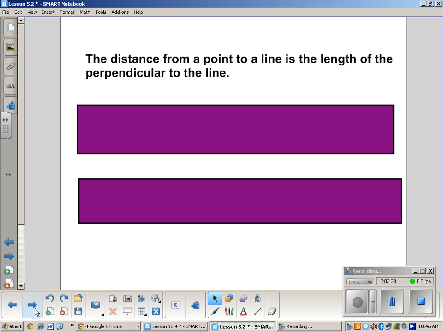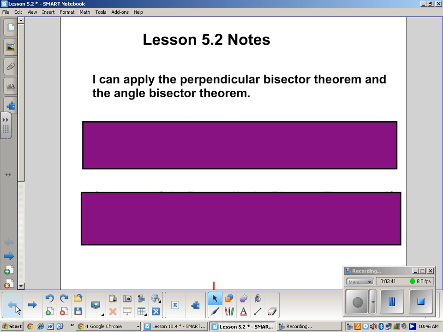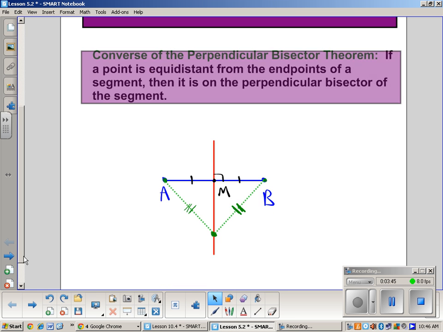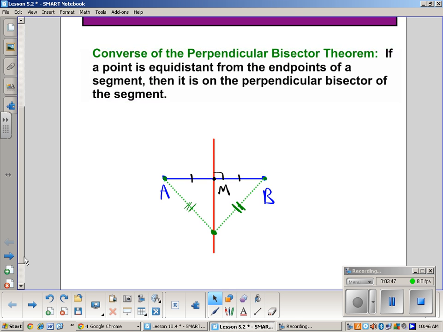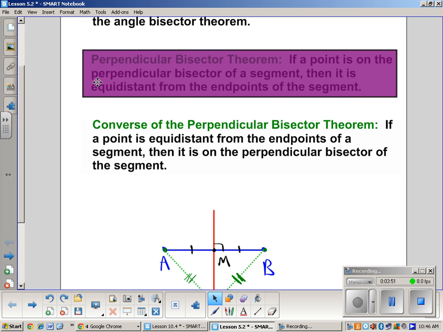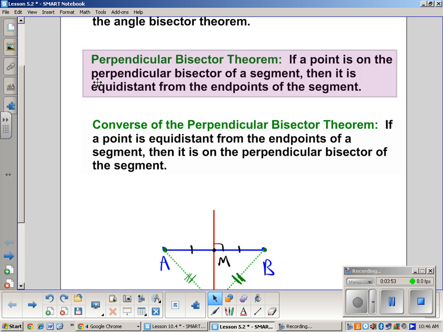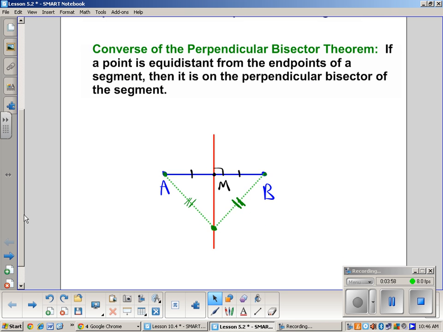You've got to explain that one more time. Okay, what I said is the first theorem tells us that if a point is on the perpendicular bisector, then it's equal distance from the endpoints. So if this red line is the perpendicular bisector, then any point on that line is going to be equal distance from the endpoints of this blue segment.